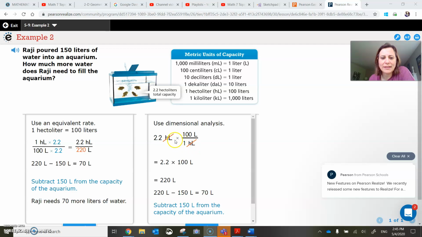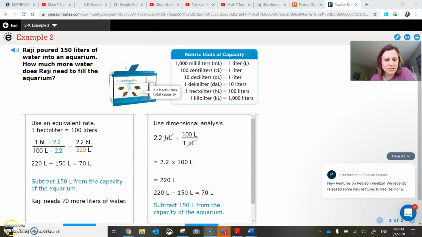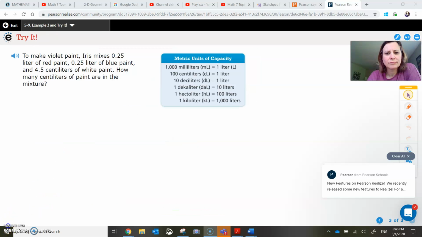So when you're multiplying, the units go into the opposites, and when there's an equal sign in between, if they're in the numerator, they'll both be in the numerator. So you're essentially coming up with the exact same answer in both of these. So it really comes down to the way that you like the best. So let's look at the next question.